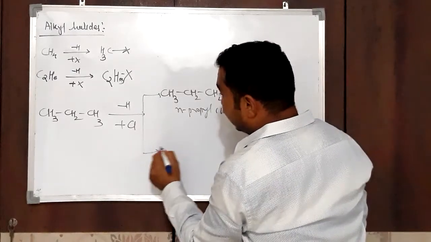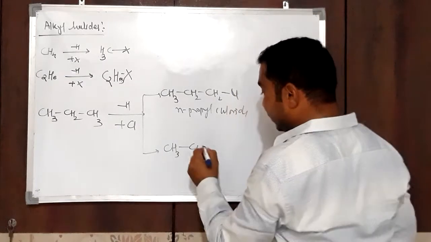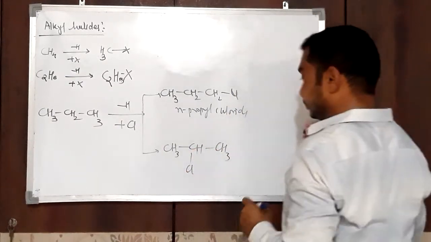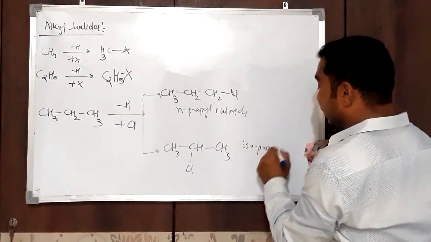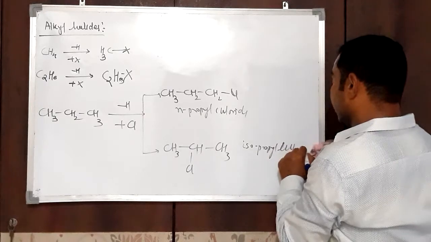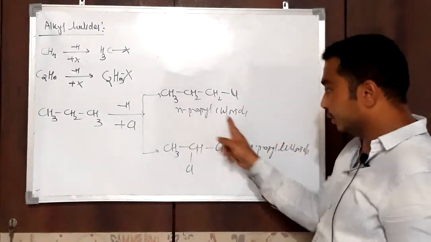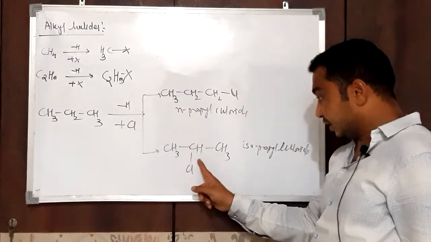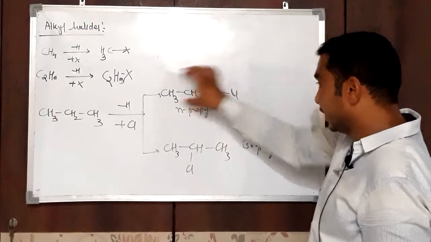And similarly, if we replace one hydrogen from the middle carbon, then CH3CHClCH3, this is isopropyl chloride. Like this. Then take butane. N-propyl, because all carbon atoms are in one line, a straight chain. The second carbon contains a methyl group, therefore isopropyl. This is the isopropyl group, this is the n-propyl group.